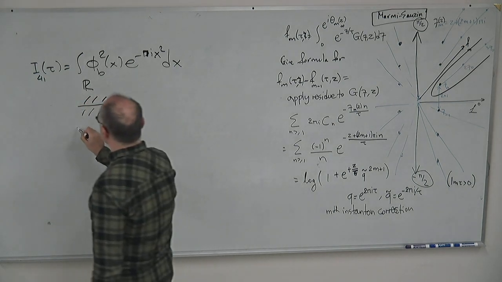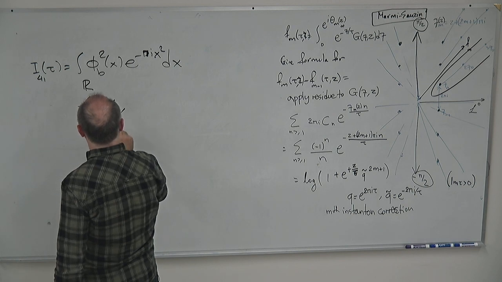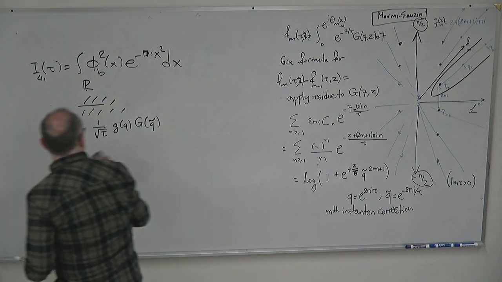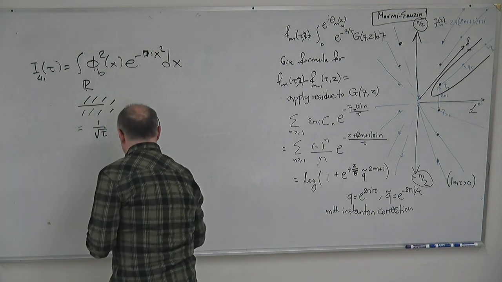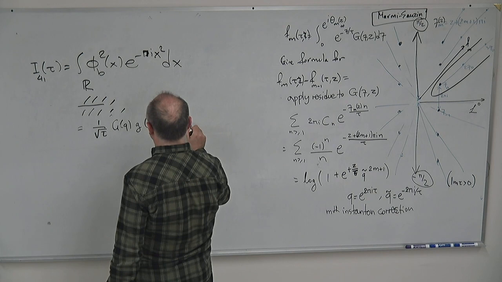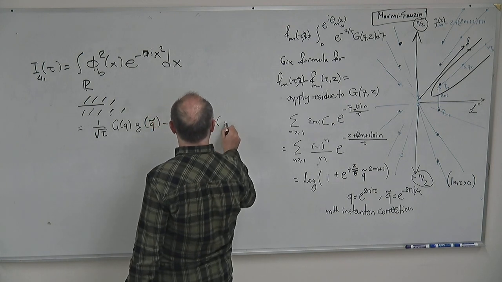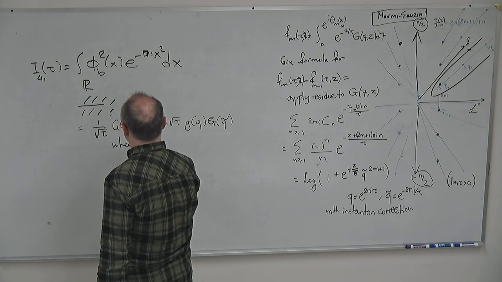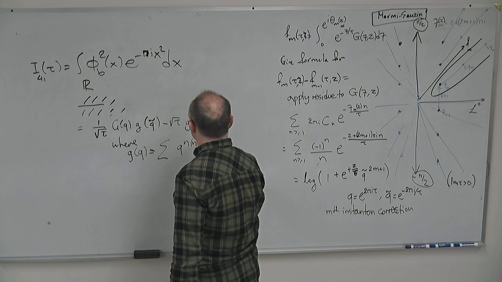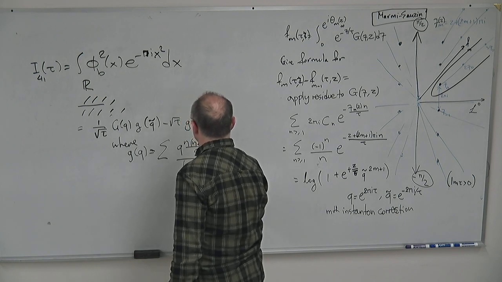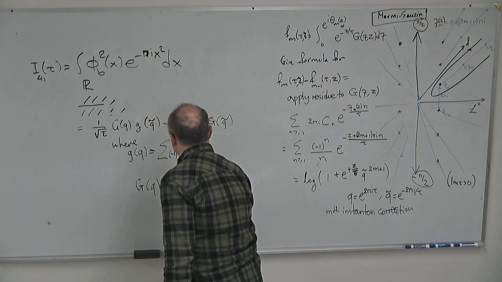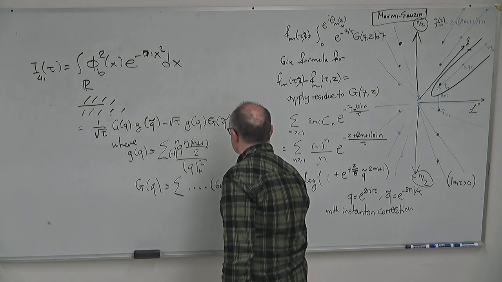And this function of x can be written as 1 over root tau times G of q times big G of q tilde minus root tau times little g, where G of q is a q series with terms involving n plus 1 over 2, the quantum n factorial, and minus 1 to the n, and big G is the same one except that you multiply by a 6n plus 1.